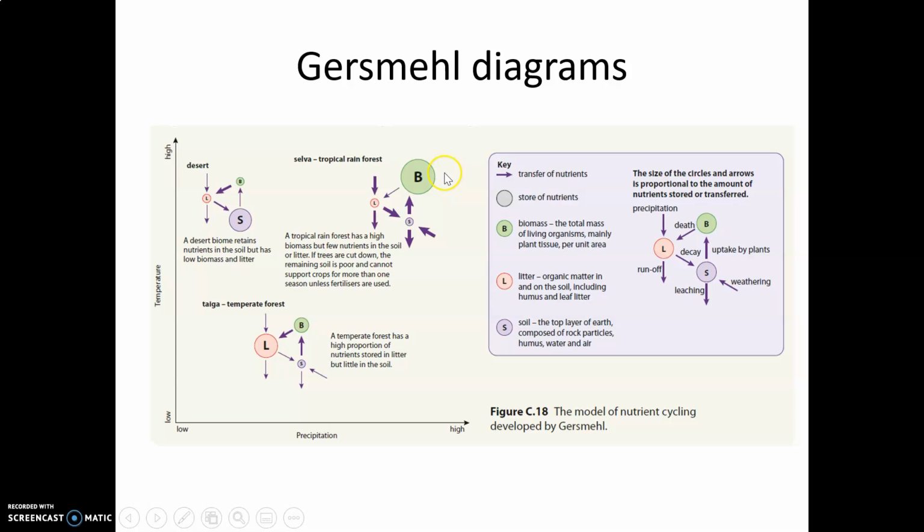And you can see again, like before, that we have the 3 circles showing the 3 different stores, and we have the arrows showing the transfer and also showing how nutrients can come in from the outside and be lost again. And you can see that there's quite a difference between these 3 different types of ecosystems or types of communities.